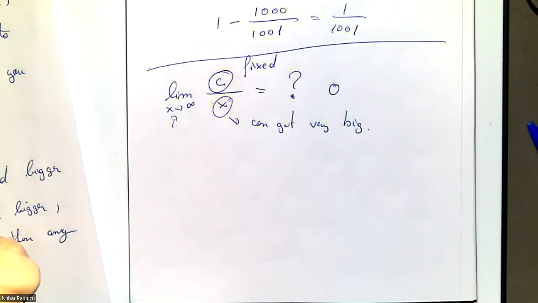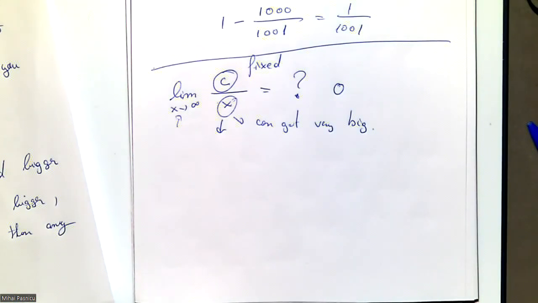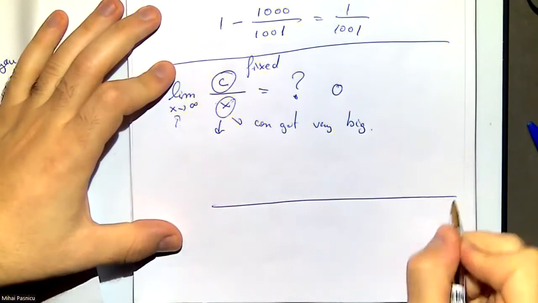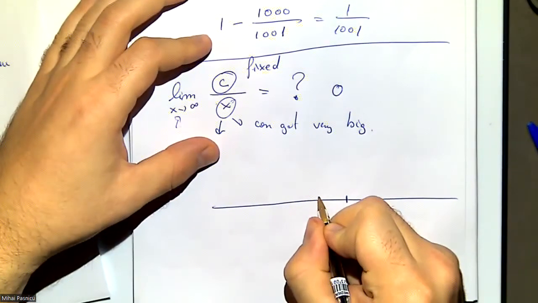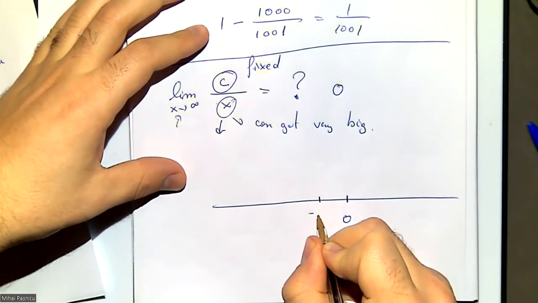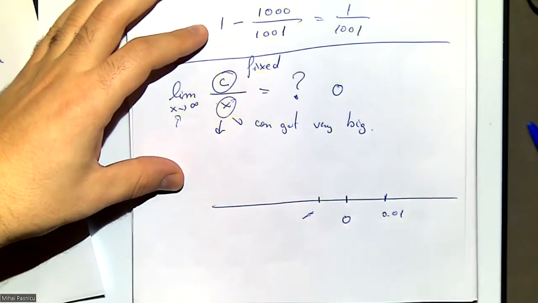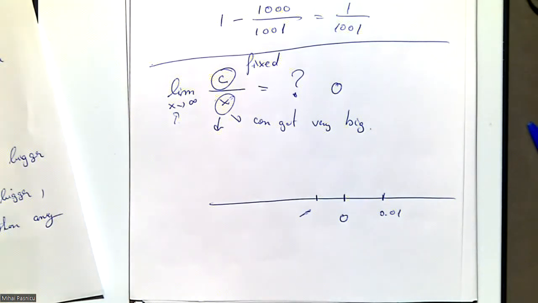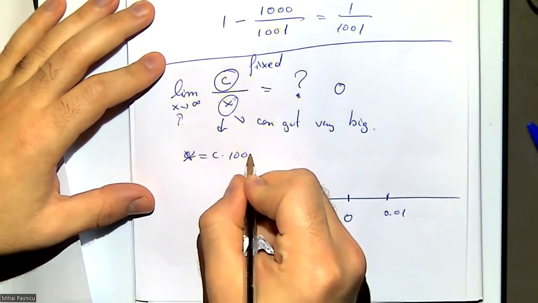Why is this 0? Again, think about the logic: whatever c you give me, I can choose an x such that I'm as close as you want to 0. If this is my axis, this is 0, and you say, I want you to give me an x such that you're in this interval, the 0.01 margin, I'm going to be like, sure. x is equal to c times 1 million.